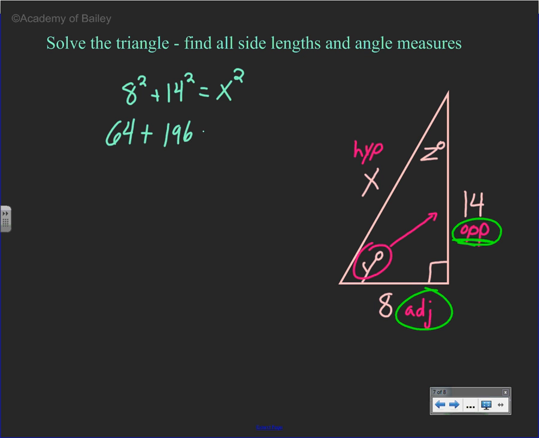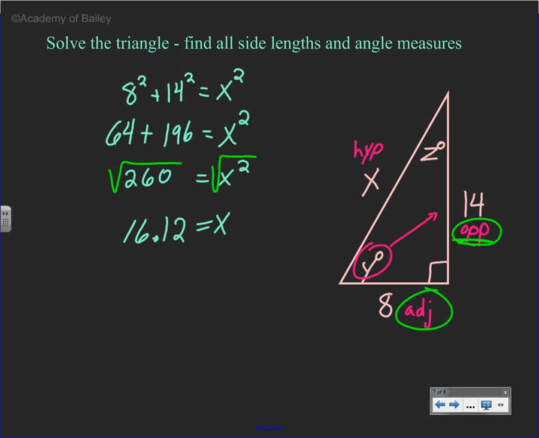Eight squared is 64, 14 squared is 196. 64 plus 196 should give you 260. And in order to get x by itself, you have to take the square root of both sides. So x is equal to the square root of 260, which is equal to 16.12.